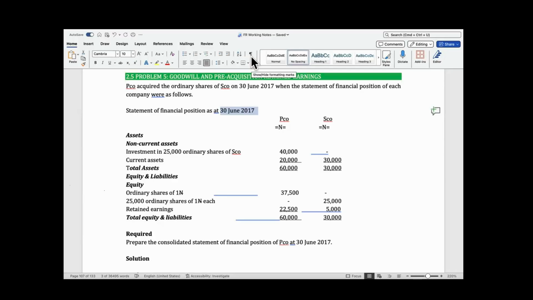From what I'm seeing, I think he has paid a higher amount than the net asset of ESCO. So we are going to cancel out 25,000, and the remaining one is going to be goodwill. Yeah, since he's paying above the net asset of ESCO, he's probably paying for the brand name or patent or something like that. So it's going to go to goodwill.